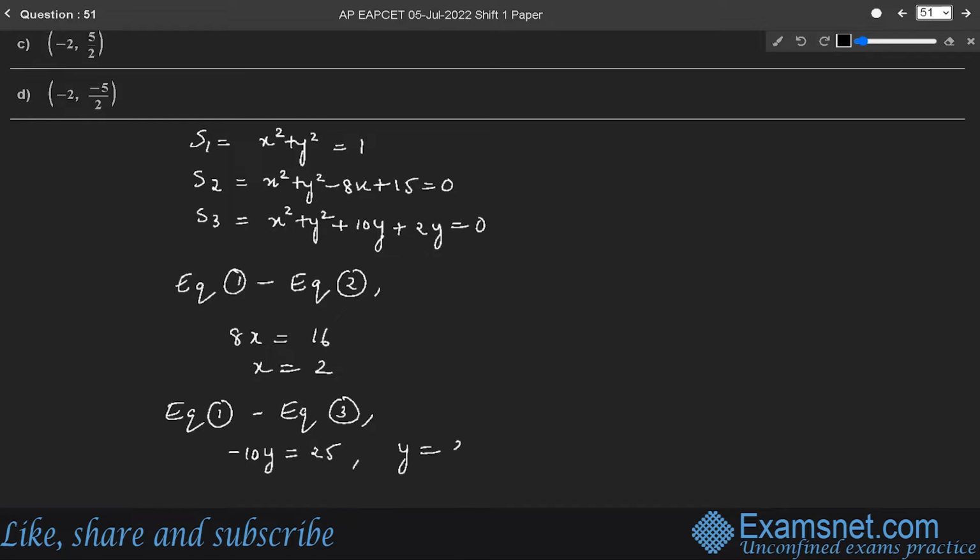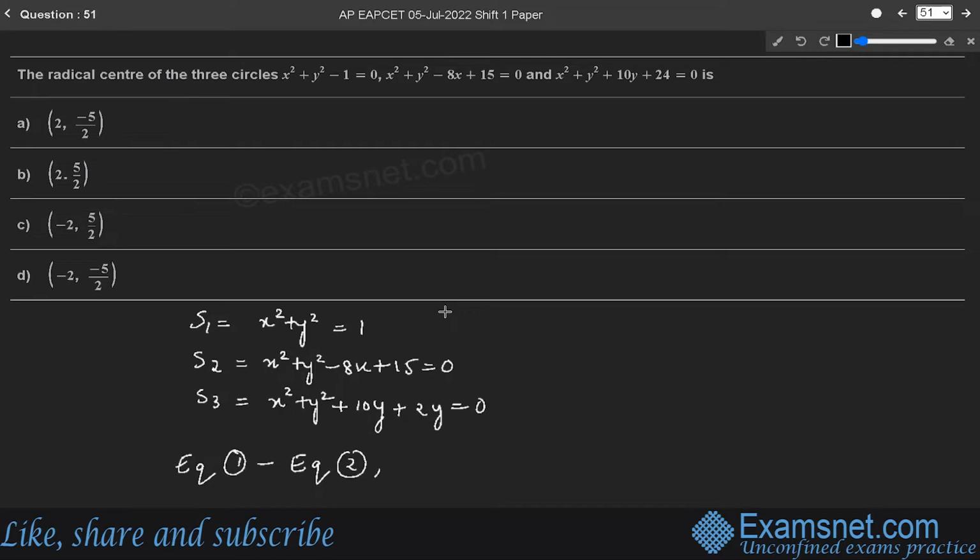So y will be equal to minus 25 by 10, so y will be equal to minus 5 by 2. Therefore, we have the point x and y, so it will be 2 comma minus 5 by 2. So we can say that the correct option here is option number A, which is 2 comma minus 5 by 2.